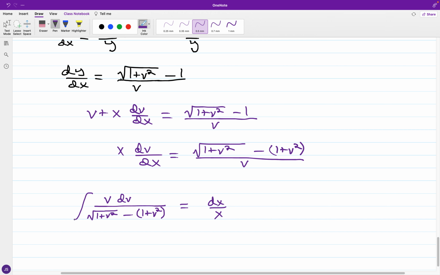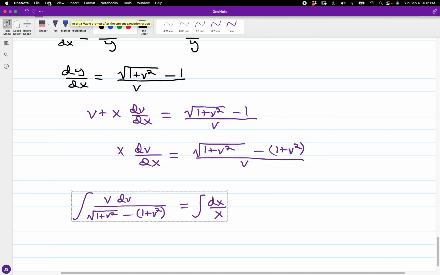And if we look at integrating over both sides, for what we have on the left hand side, this is going to be a bit of a challenge.